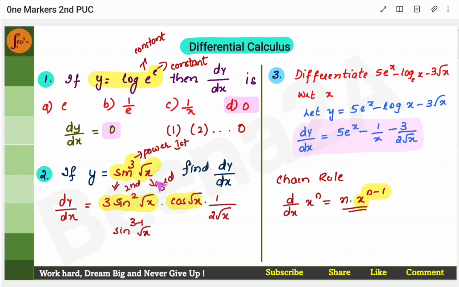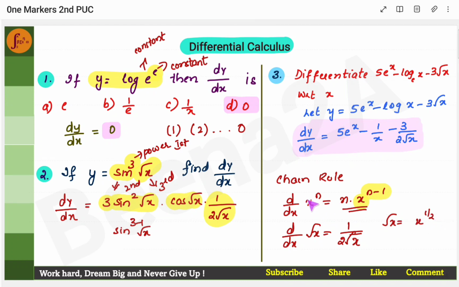Now what is derivative of root x? Derivative of root x is 1 by 2 root x. Now you can remember this as a formula, or you can assume that root x can be written as x to the power half.